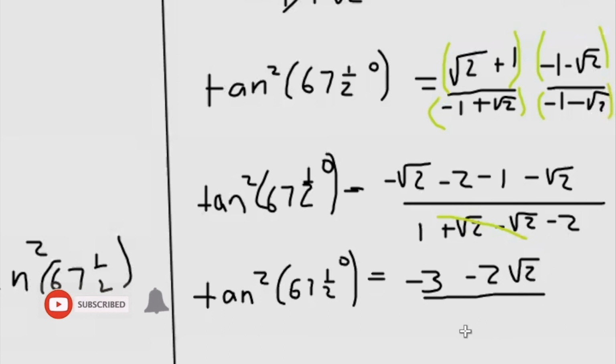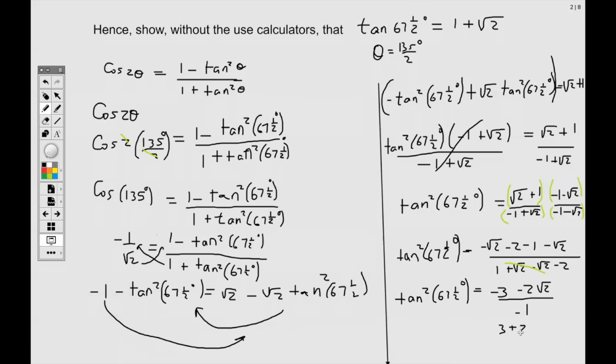Then 1 minus 2, that's negative 1. So we're going to have a change in sign. So this will be positive 3 plus 2 root 2.